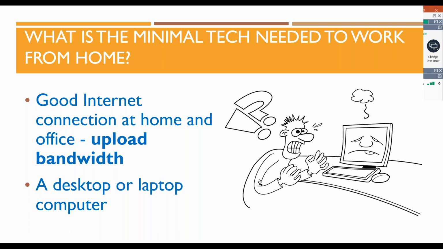Not just files, but any data that goes from your home computer and connects back either to the office or to the cloud service that you use, something like Box, Dropbox, Google Drive, OneDrive. Substantial upload bandwidth is required.